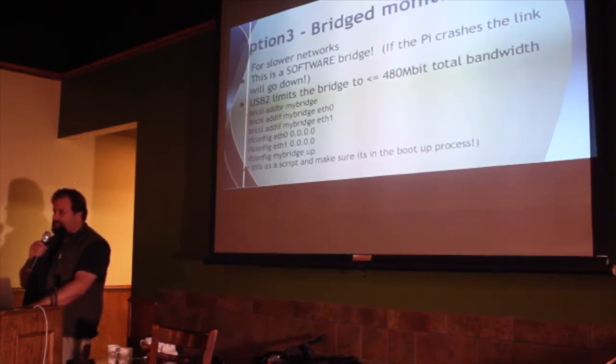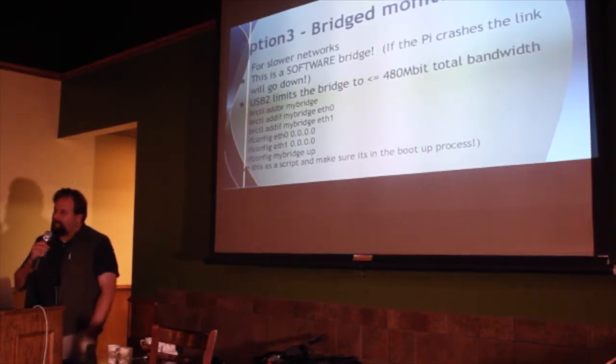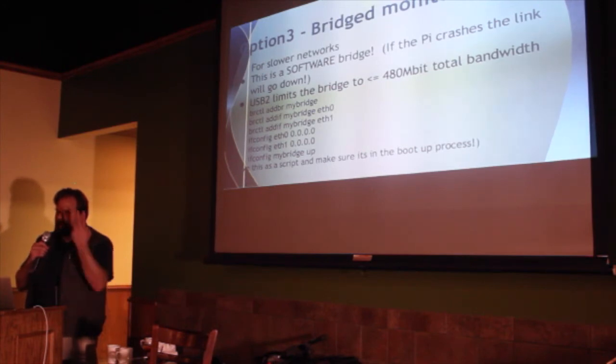What about performance? Network performance, like I said, you peak out at about 480, and that's just the limitation of USB 2. You can get gigabit Ethernet adapters for USB 2, but they're not going to go beyond that. If you're using a passive tap, you're talking about 2 Ethernet adapters, one for the incoming stream and one for the outgoing stream. So keep that in mind.